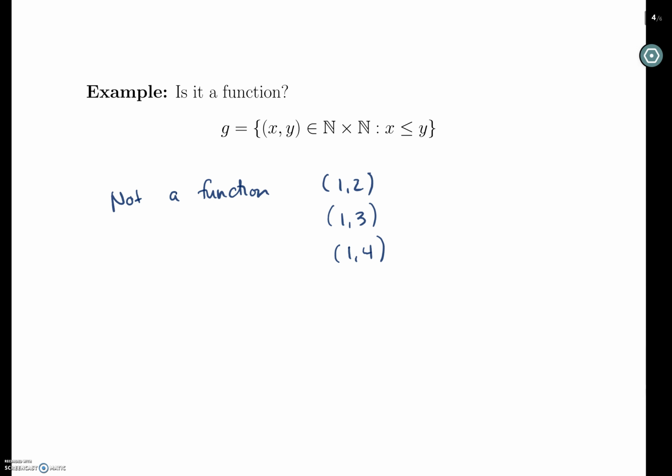So how might we change this to make it a function? If we change that to be an equals instead, then it would become a function.